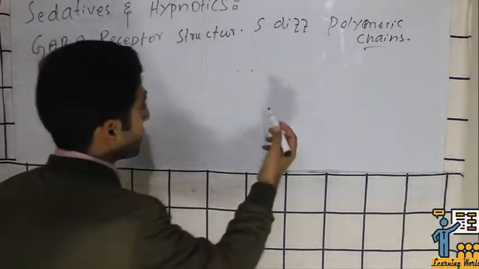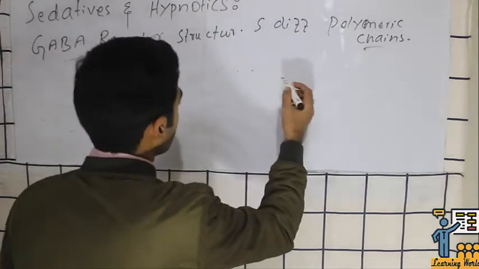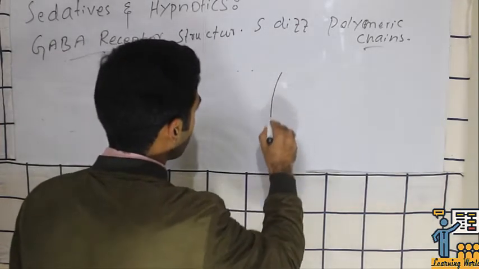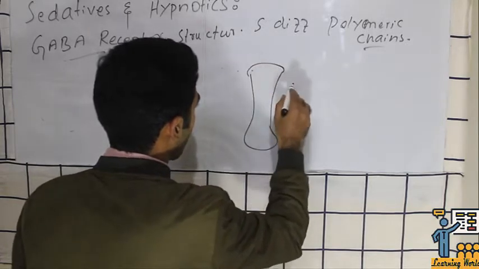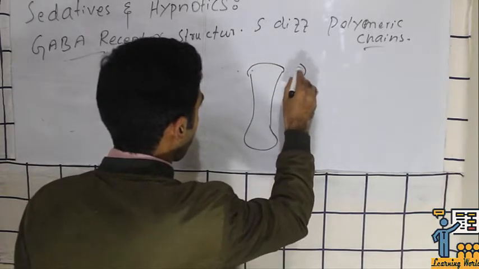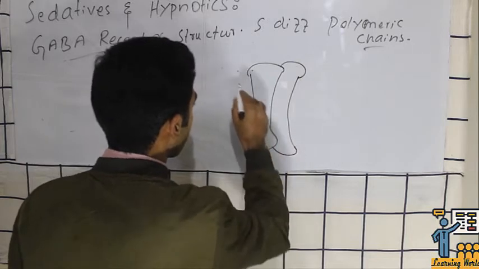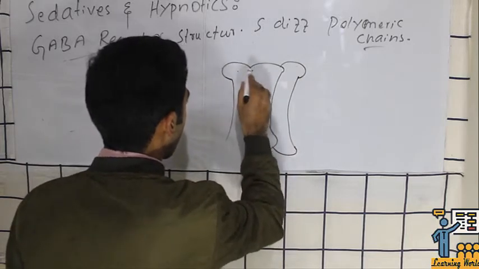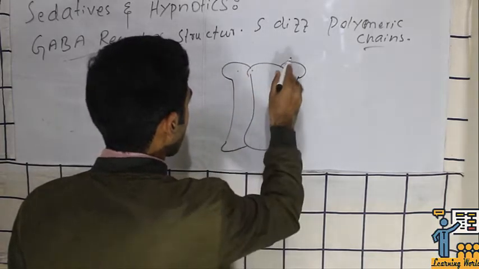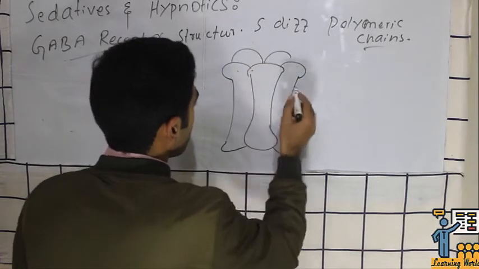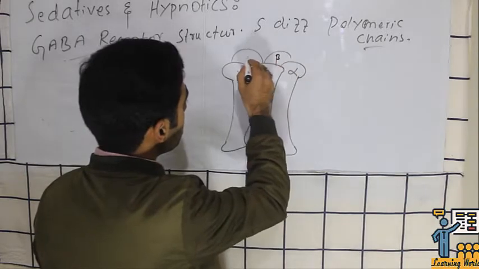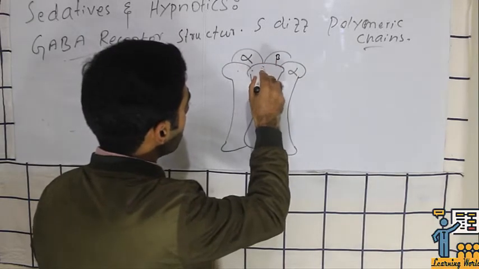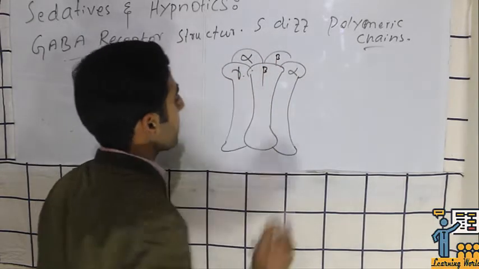For example, this is the structure of the GABA receptor. This is alpha, this is beta, this is alpha, this is beta, and this is gamma.